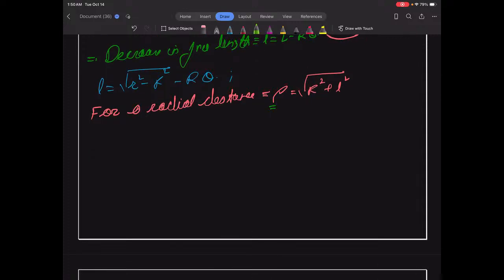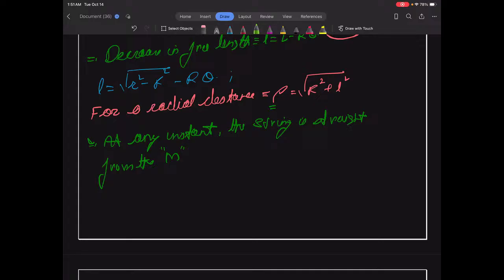Therefore we can say that at any instant the string is straight from the mass m to the tangent point.